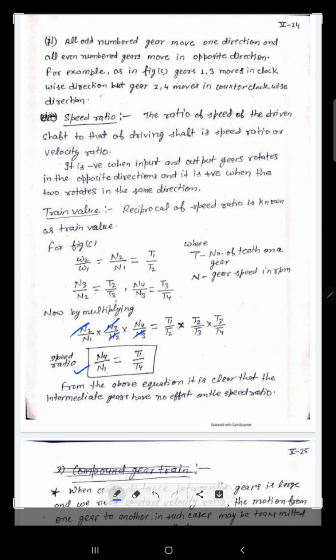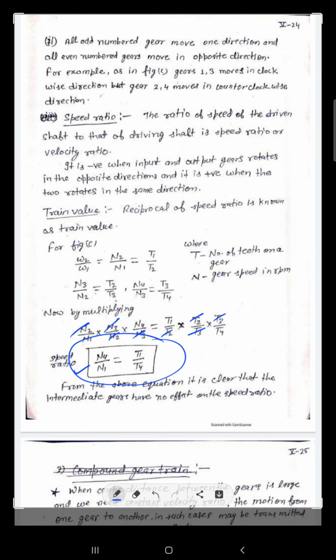Finally, we get N4 upon N1 on the left hand side, and on the right hand side we can cancel T2 and T2, and T3 and T3, and we get T1 upon T4. So this is the main equation: N4 upon N1 is equal to T1 upon T4. So it is clear that intermediate gears have no effect on the speed ratio.